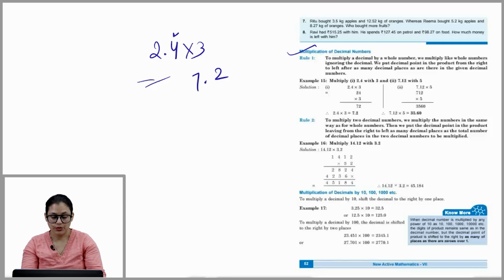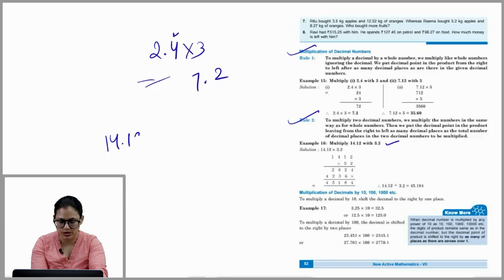Now rule number 2. To multiply two decimal numbers, we multiply the numbers in the same way as for whole numbers. Then we put the decimal point in the product, from right to left, after as many decimal places as the total number of decimal places in the two decimal numbers being multiplied. For example, multiply 14.12 by 3.12.